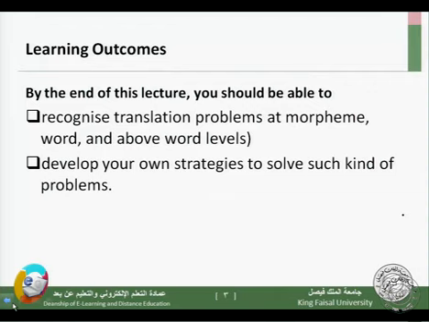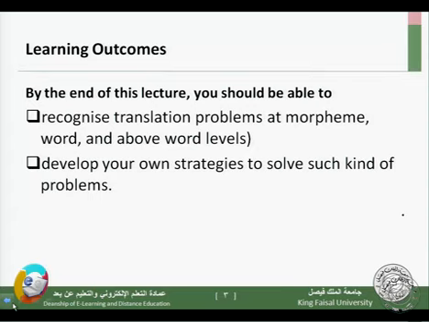So by the end of this lecture, you should be able to recognize translation problems, mainly lexical, at morpheme level, at word level, and above word levels. To recognize. Say, all right, this is a problem, but what level is it? Is it at a morpheme level, or at a word level, or above word level?